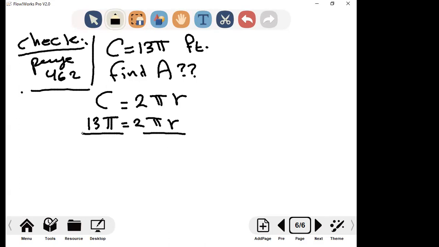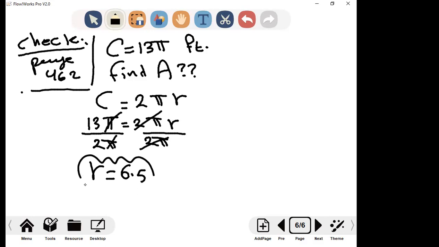Divide the two sides by what? The coefficient of the radius. What is it? 2 pi here and 2 pi here. 2 pi with 2 pi gone. Pi with pi gone. 13 divided by 2. I have the radius. Now I will use the radius to find what? Try the formula of the area.